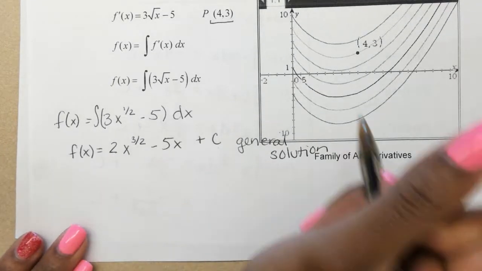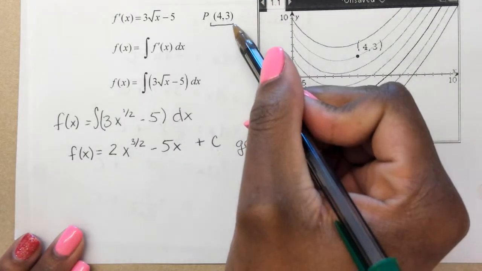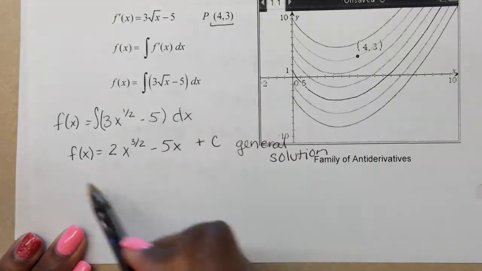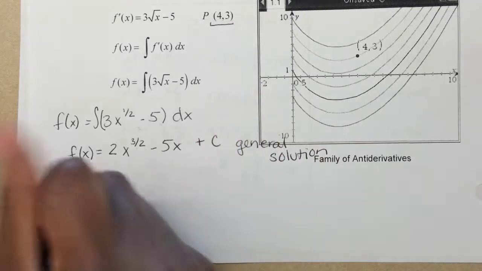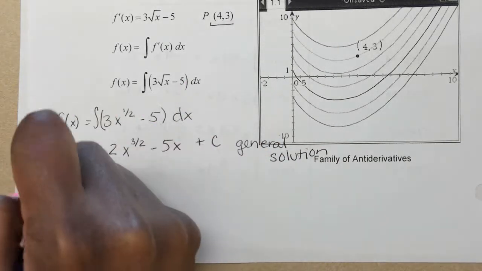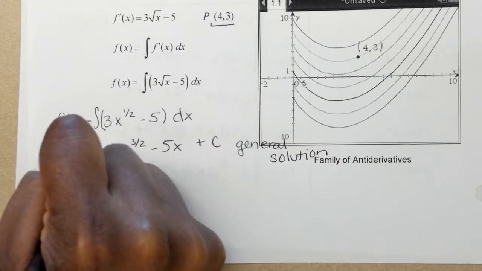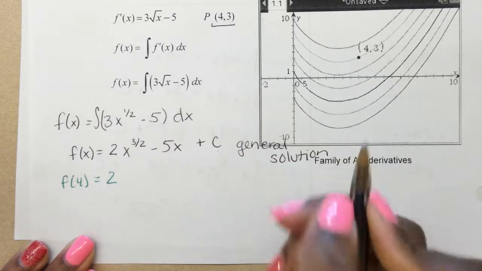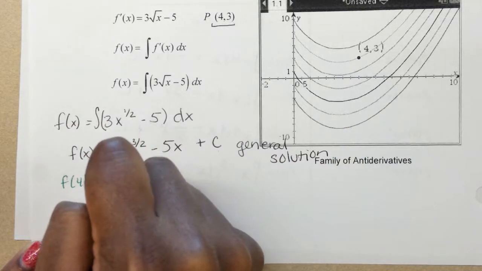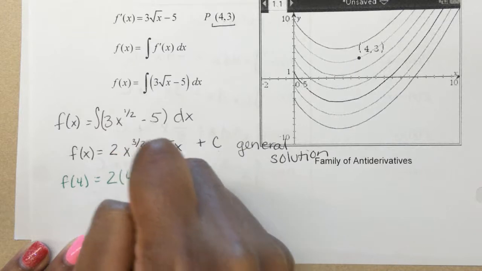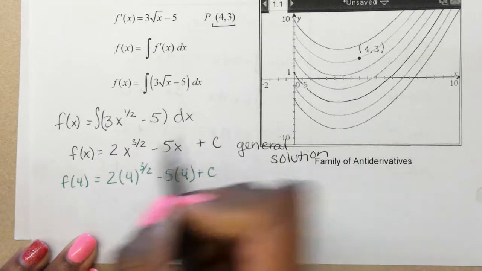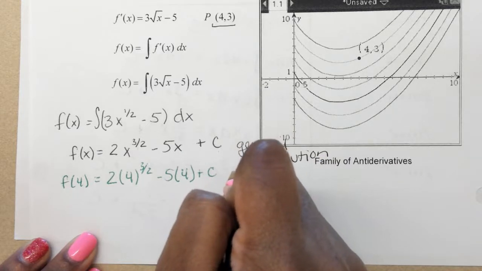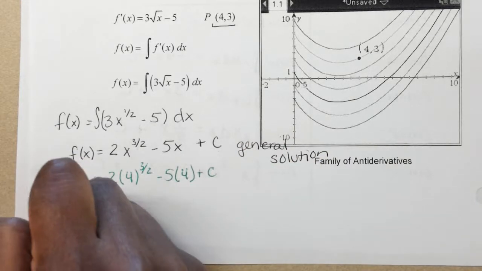So now we know that we have this point 4, 3. So we're going to plug in the point 4, 3 into this equation so that we can solve for c. So f of 4 is going to equal 4 to the 3/2 minus 5 times 4 plus c. So f of 4 we know is 3.